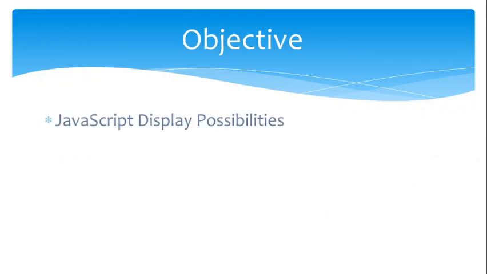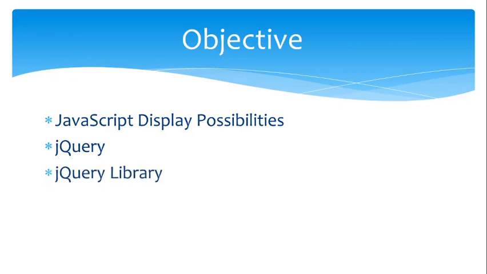Okay, and today we are going to see the JavaScript display possibilities, like in how many ways we can display the JavaScript result on the screen. Okay, with example, and we are going to start the jQuery. jQuery is a lightweight, and this is a JavaScript library.